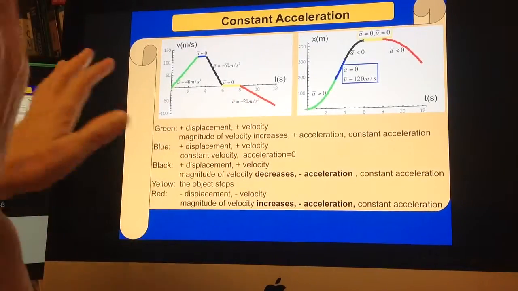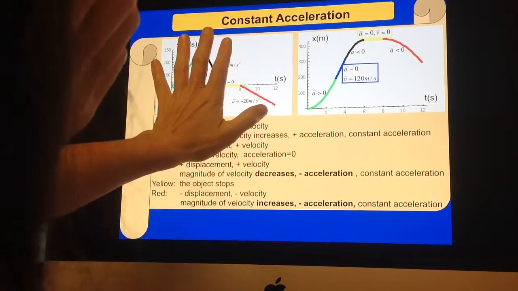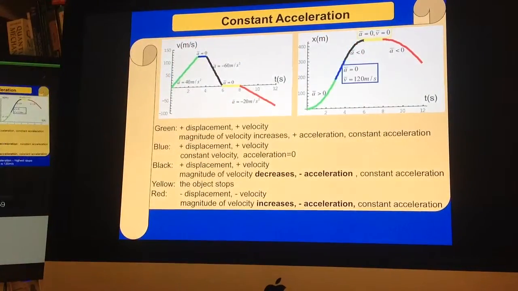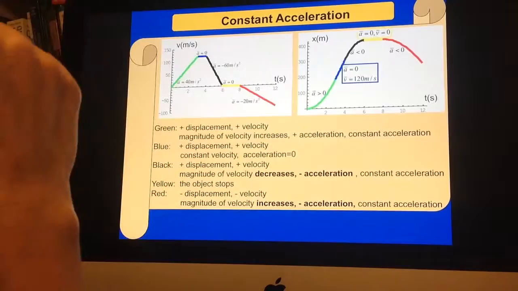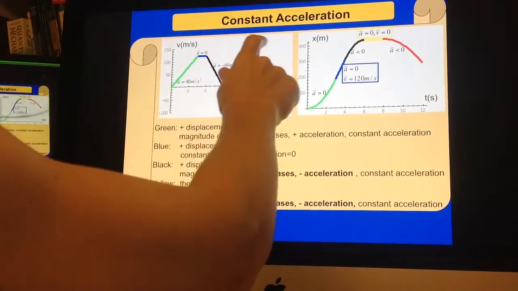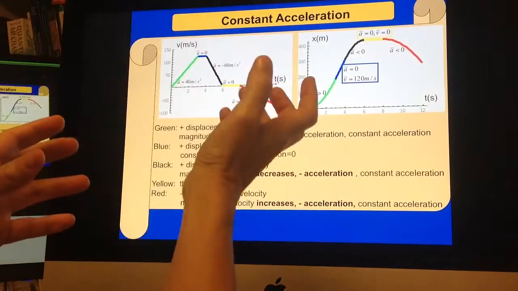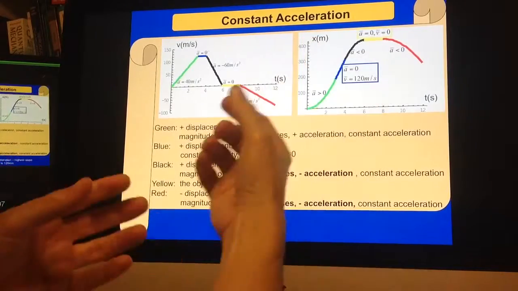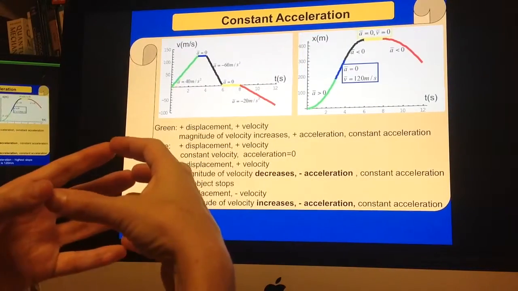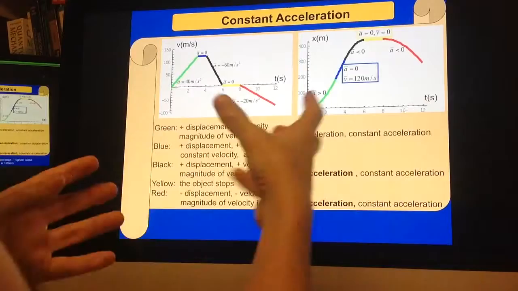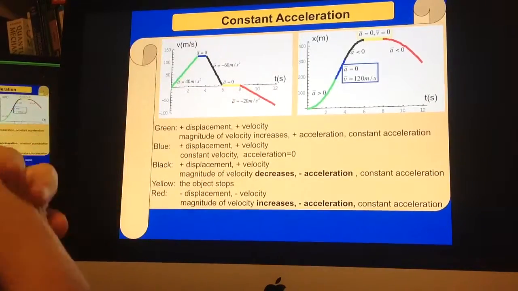Okay, now let's compare the same results with the results for a plot of position versus time. Remember, when we have acceleration, position becomes a quadratic function of time. So we start playing now with parabolas.